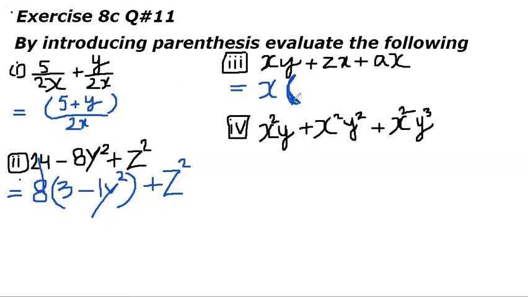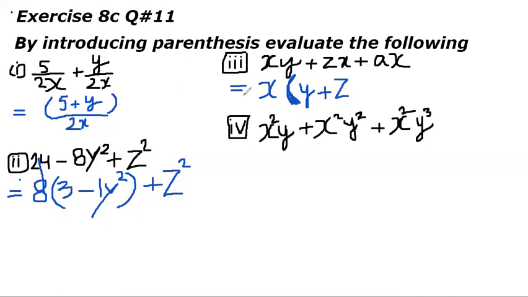Now, out of the term xy, x is outside and y will go inside the parentheses, plus, out of the term zx, x is outside and z will go inside.